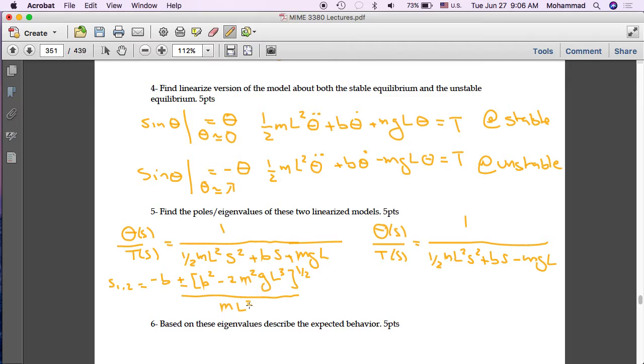And the other one is similar, so s1 and 2 for the other one is quite similar. So you get minus b plus minus b squared plus 2m squared gl cubed to the power 1/2 over ml squared.